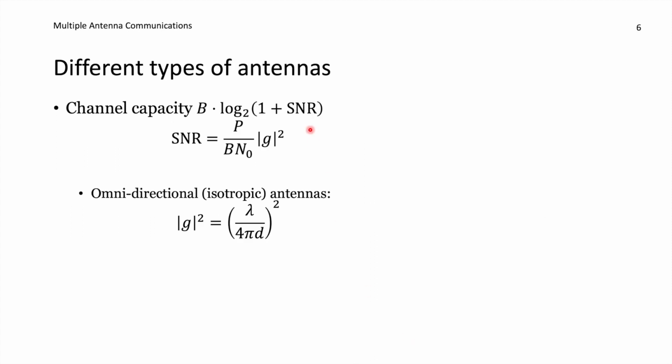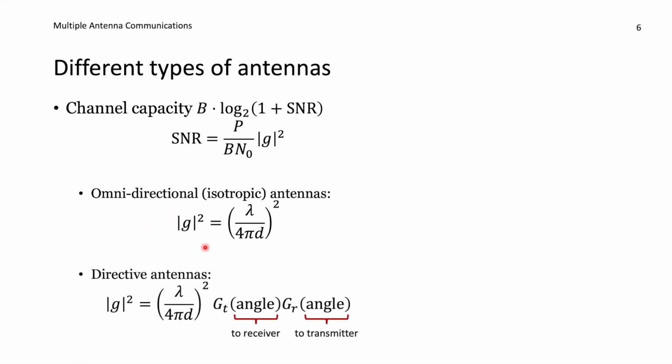So that means that when we are computing our capacity, it's not only the transmit power and the bandwidth we should care about, but also the impact of the communication channel. And in my previous example, I had an omnidirectional transmitter and an omnidirectional receiver, or isotropic transmitter and receiver, which gave us this expression for how we compute the absolute value square of the channel.